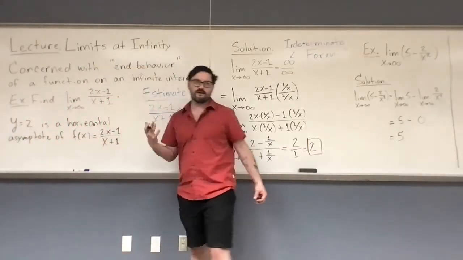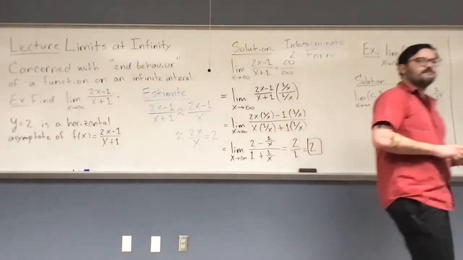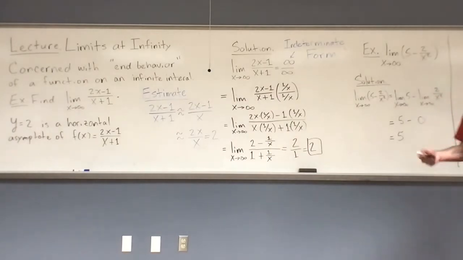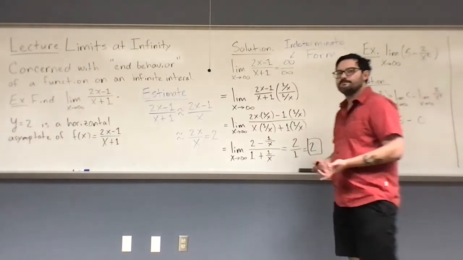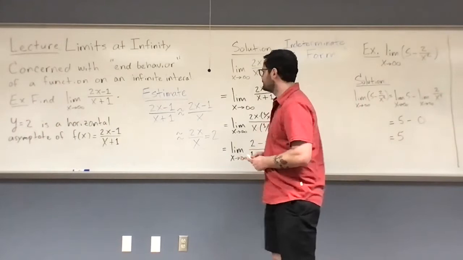Whenever we find these limits as x tends towards infinity, we're finding horizontal asymptotes, because that's how they're defined. Okay.